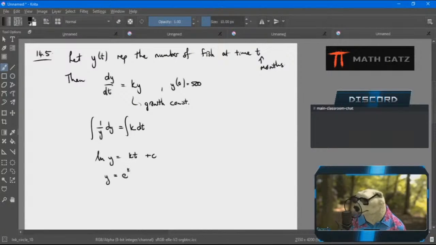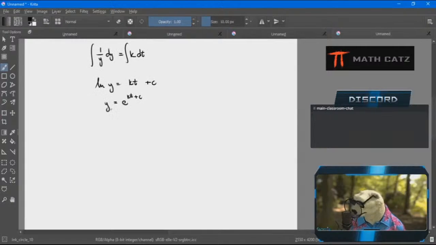Y is equal to e to the kt plus c. And this is always going to be the same. Sometimes I have k, sometimes I don't. Sometimes I have initial population, sometimes I don't. Who knows? Then I'm going to write this as big M, e to the kt, where big M is equivalent to e to the c for convenience.